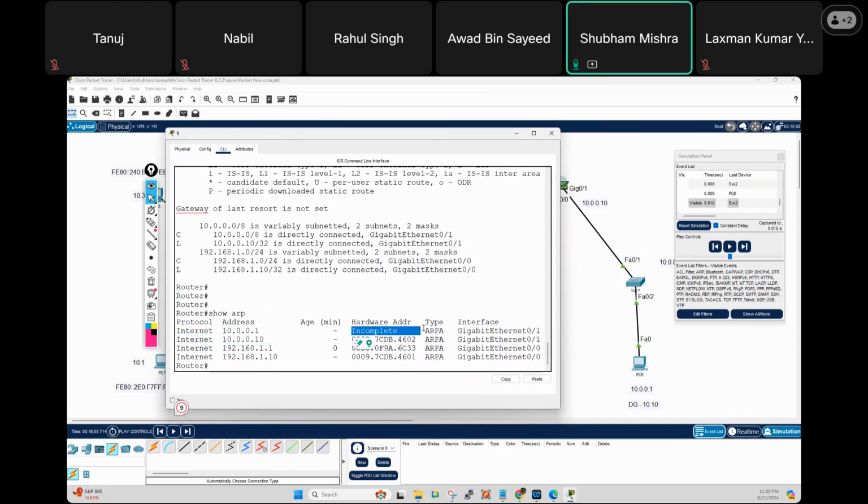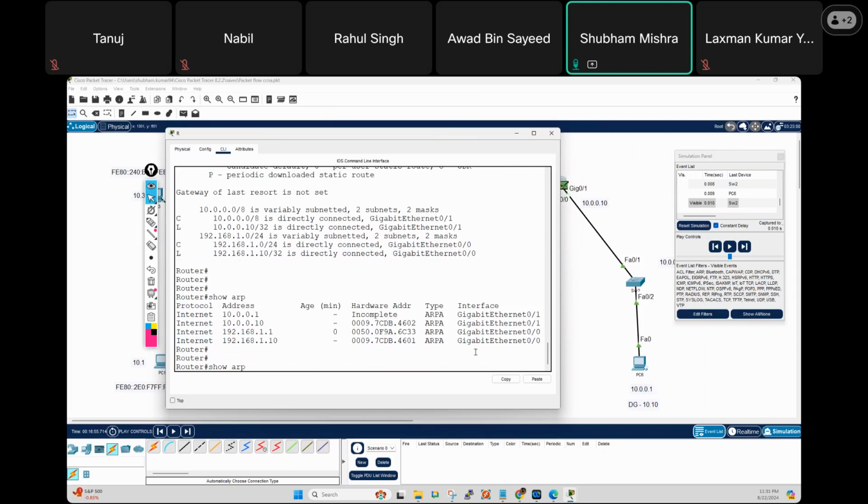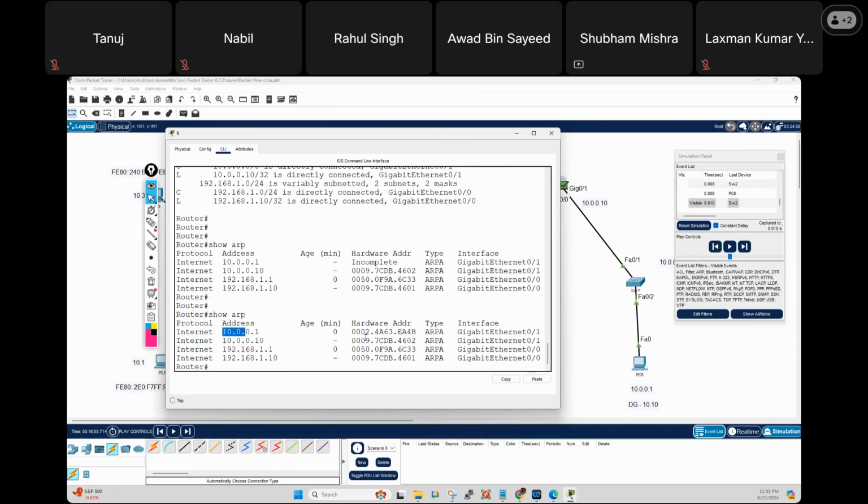That's the reason the router generated the ARP packet to find out the 10.1 MAC address. Now the PC generated the ARP reply and the router received it. It means now the router already knows the MAC address of 10.1. So when I write the same command here, see here, the router now knows the MAC address of 10.1.